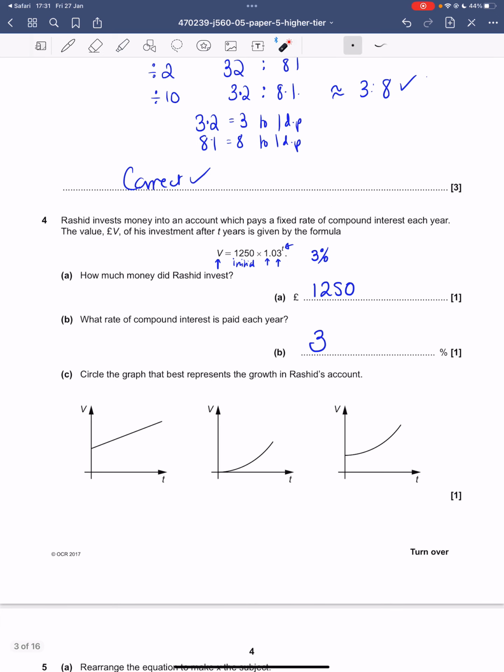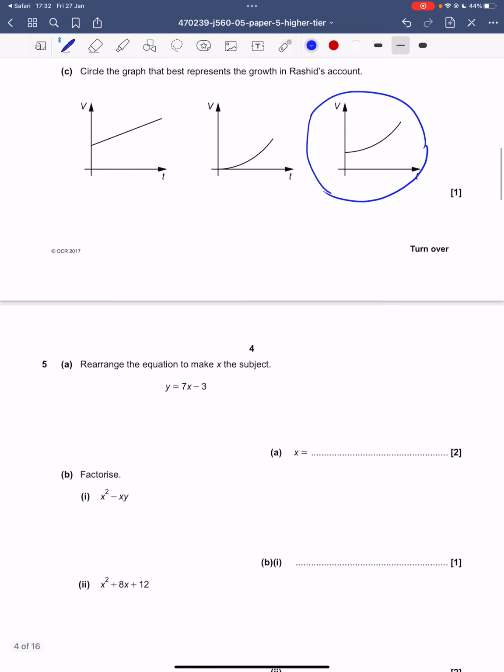And compound interest means that you get interest on your interest. So you're not getting the same amount every year. And because he starts off with 1,250, he's got to start not at 0. So this is the graph which represents the compound interest. Okay, so that's that one there.